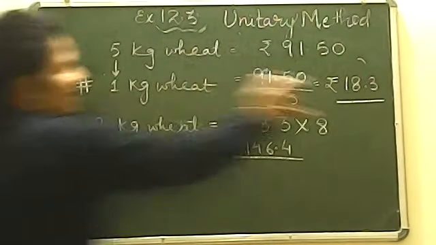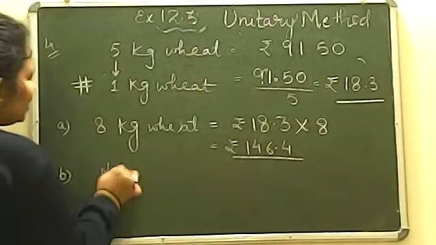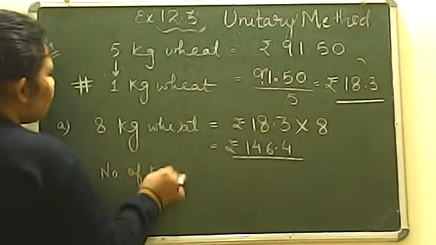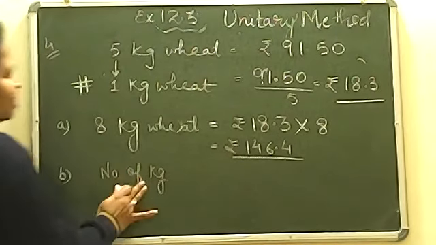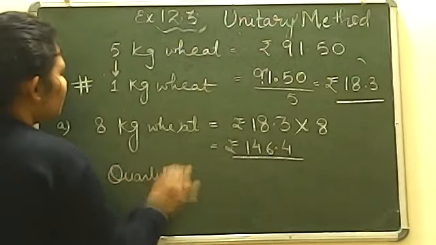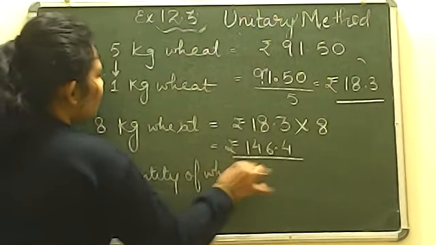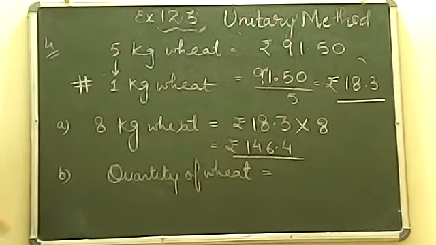How much does 1 kg of wheat cost, beta? Rupees 18.3. Okay, and our question tells us that you have money, rupees 183. Okay, so you will simply find out the number of kg, or you can simply find out the quantity of wheat, you can write this also, which you have to find out in rupees 183.